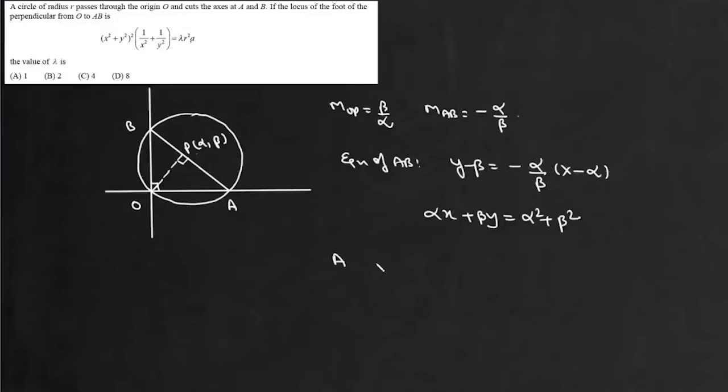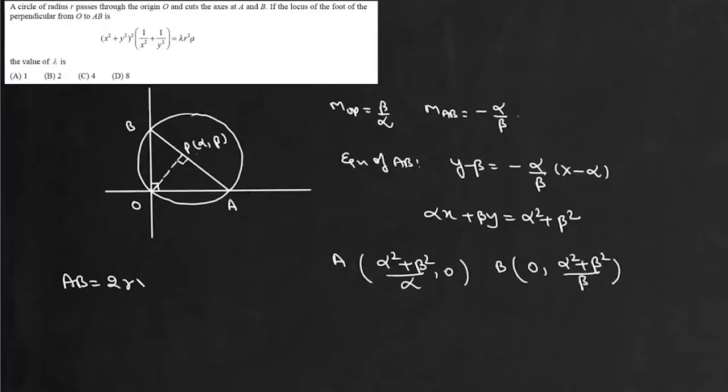So this point A will be alpha square plus beta square upon alpha comma 0, and the coordinate of this point B will be 0 comma alpha square plus beta square upon beta. Now this AB is the diameter of the circle. So basically this AB is equal to 2R, and if we square it, we can write AB square will be equal to 4R square.